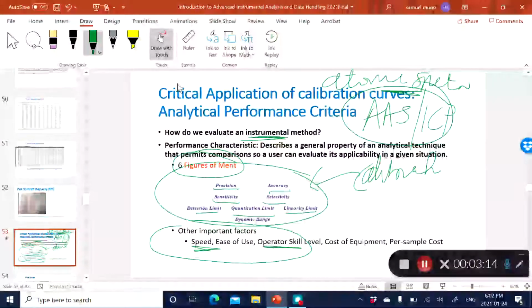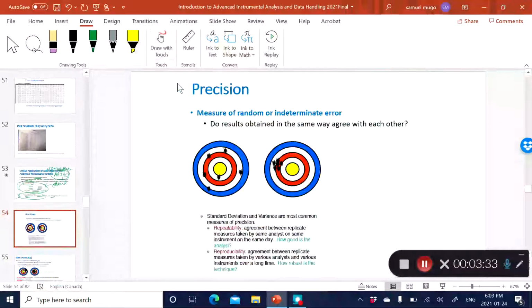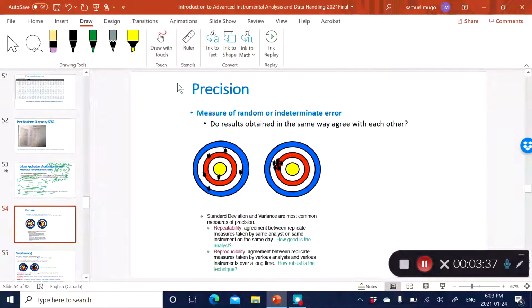And that's a good thing. And of course, the cost of the instrument and so on. So these are other considerations that you can use when you're choosing an analytical method. But the focus for my lecture today will be on the key figures of merit that you should always pay close attention to. First, precision.